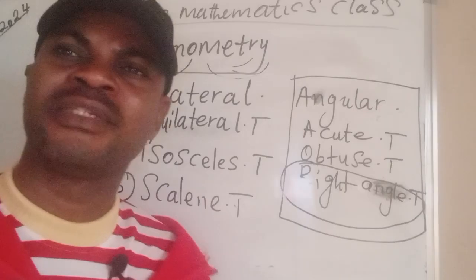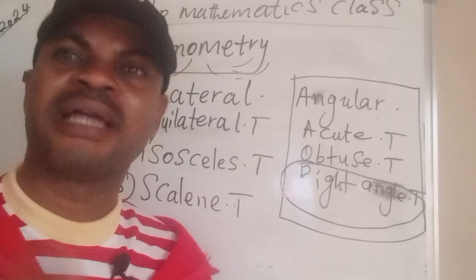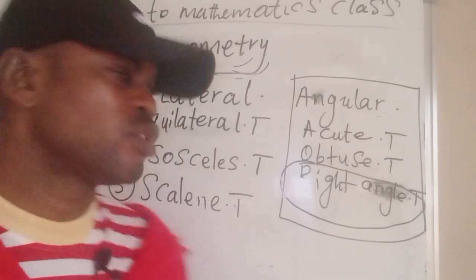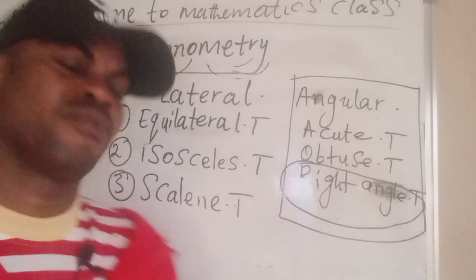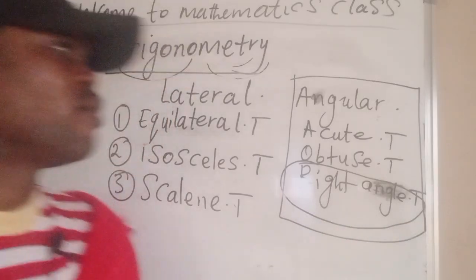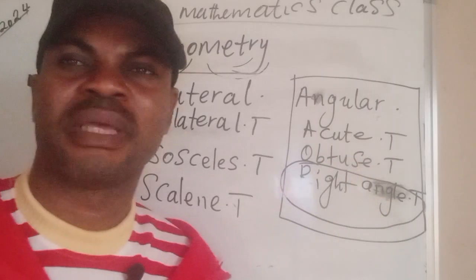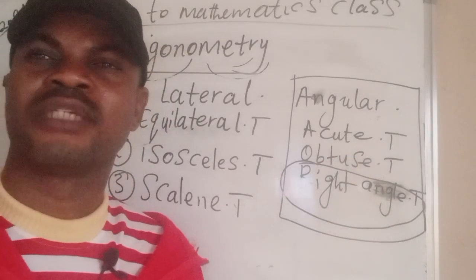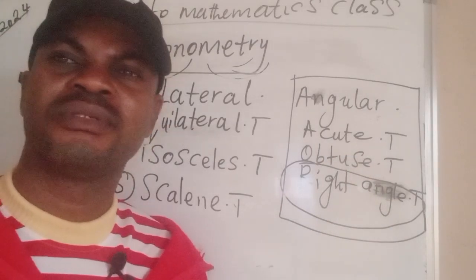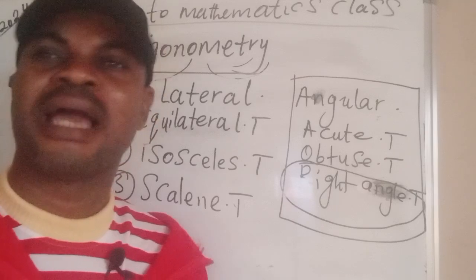But then the same Pythagoras theorem, which can be used to resolve only right angle triangle, cannot be used to resolve when it comes to an acute triangle or obtuse triangle. This is where we're going to focus our attention on, talking about the obtuse and the acute.